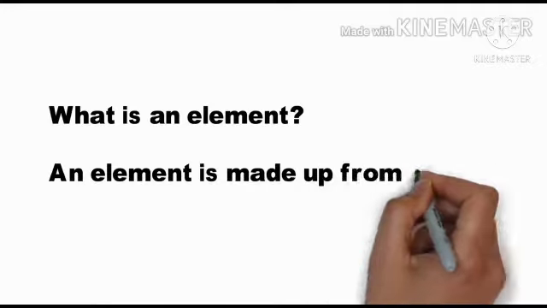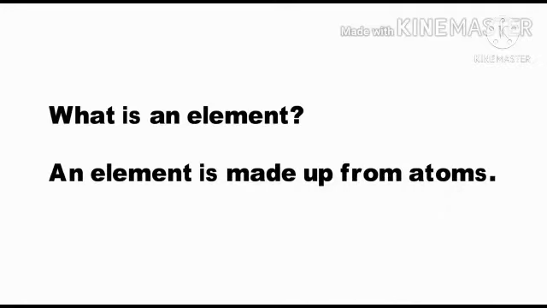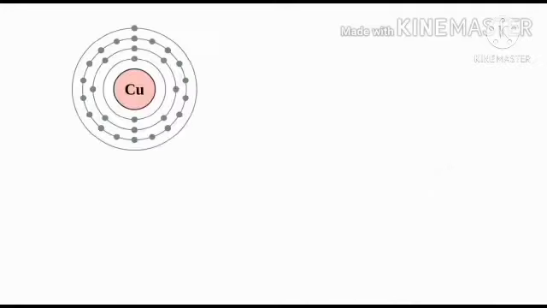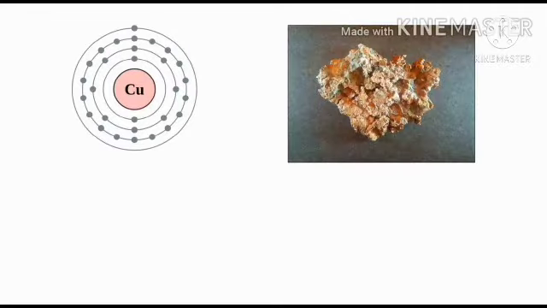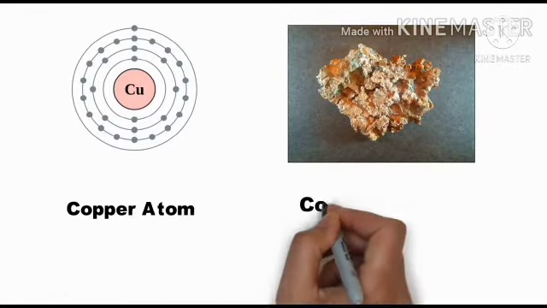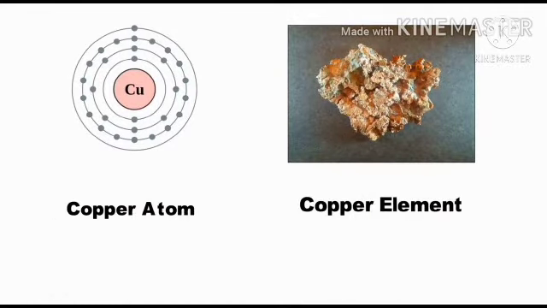So what is an element? An element is made up of atoms. For example, copper is an element and an atom. First, copper is an atom because inside a copper atom the particles are protons, neutrons and electrons.